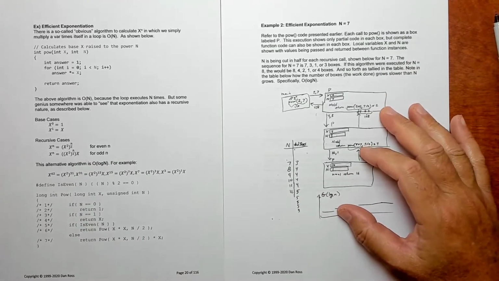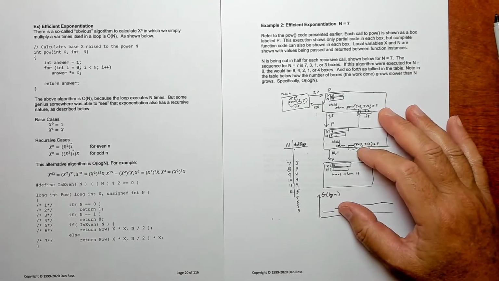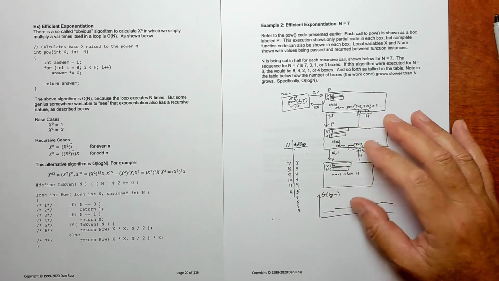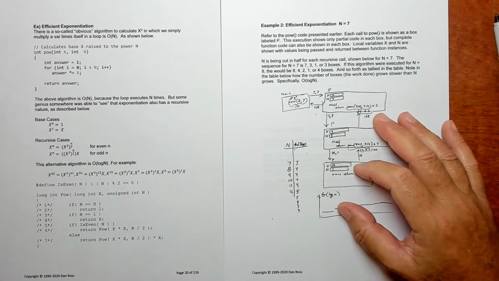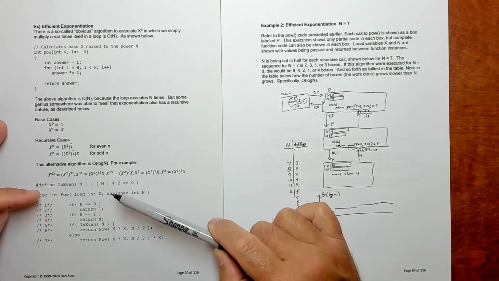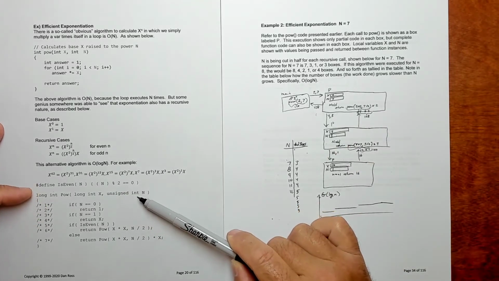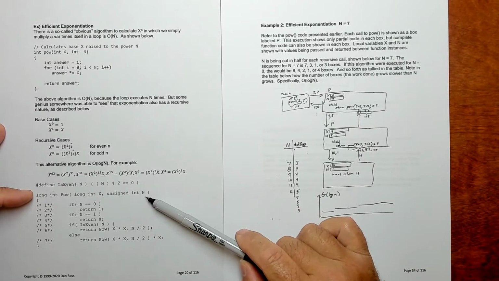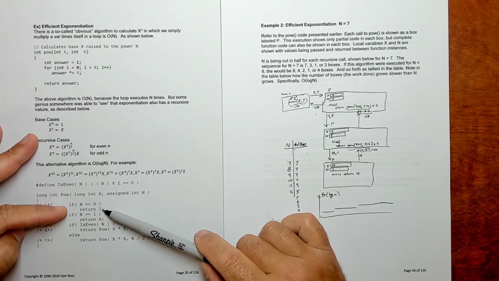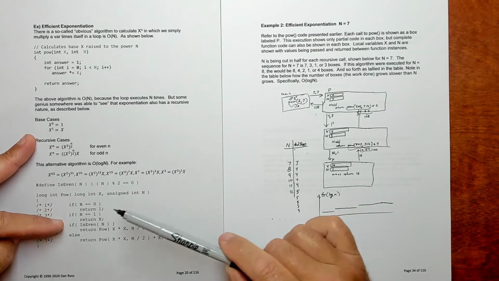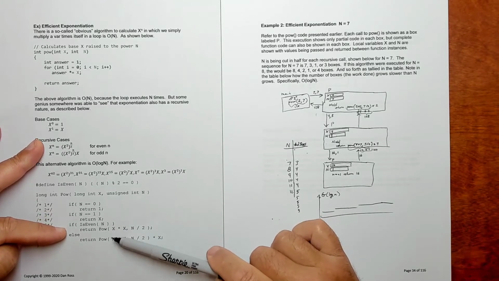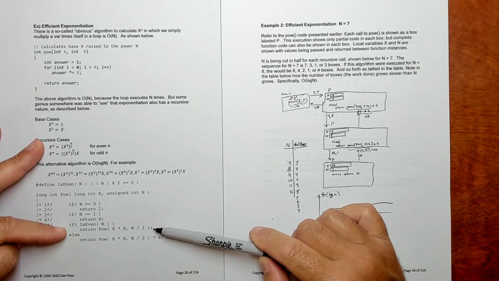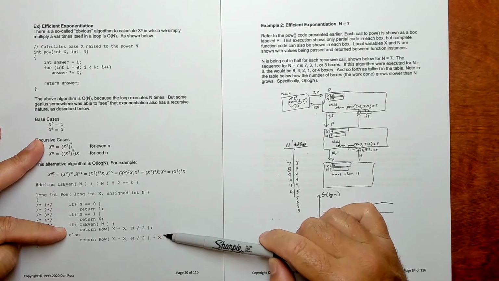This is what the recursive hand execution diagram would look like. It's a little bit rough, but here it is. So let's look at the code real quick. We've got 2 base cases, return 1, return x, and then we've got an if-else where we're going to do either this branch or this branch.